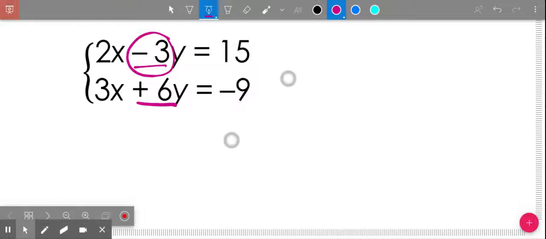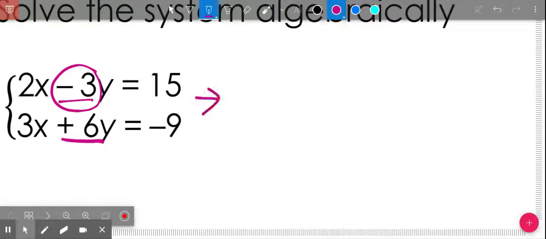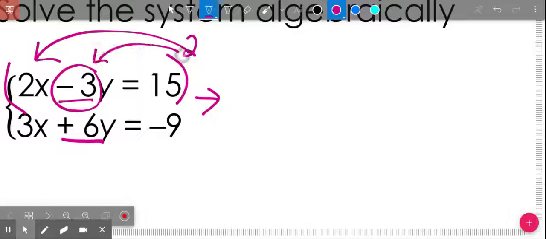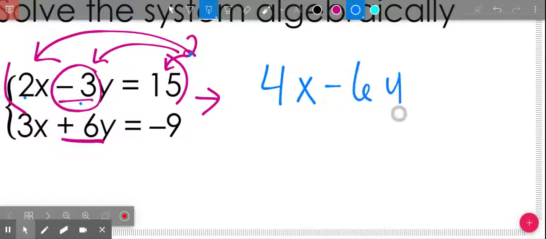Okay, so we're going to do that over here. So I'm going to multiply everything by that 2. You have to multiply all the coefficients by the 2 in order for this to work. Okay, that's not an optional step. That's a requirement. So 2 times 2 will give me 4x. 2 times negative 3 gives me negative 6y.